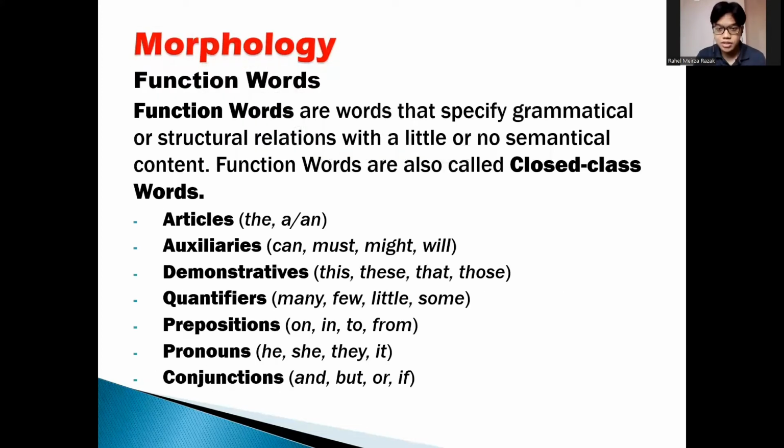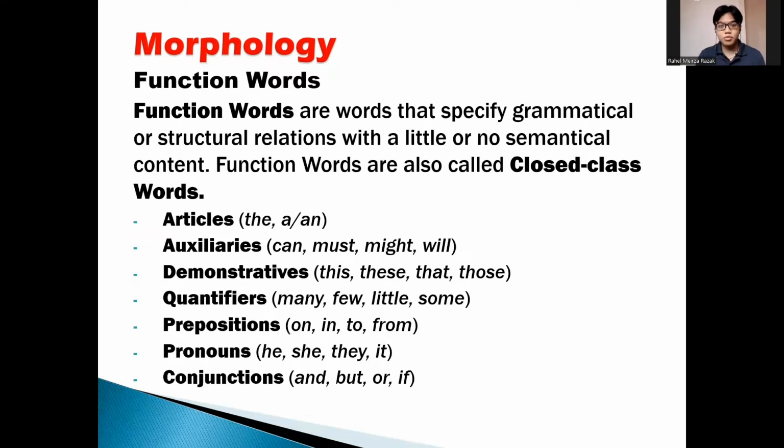Next is function words. Function words are words that specify grammatical or structural relations with little or no semantic content. Function words are also called closed class words because new function words are rarely added to the dictionary.